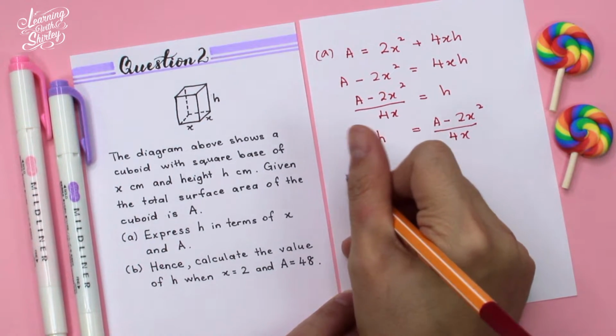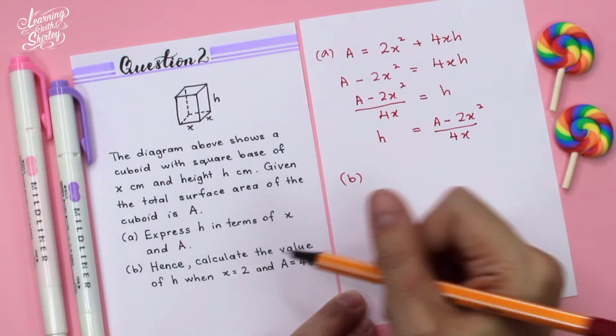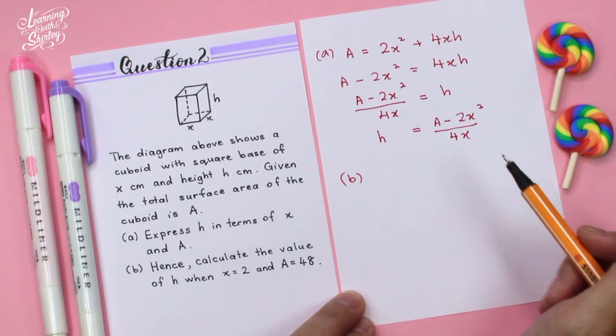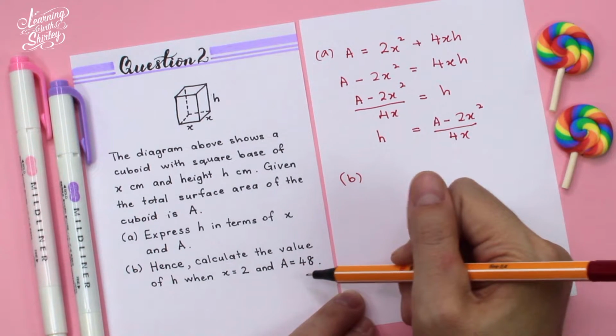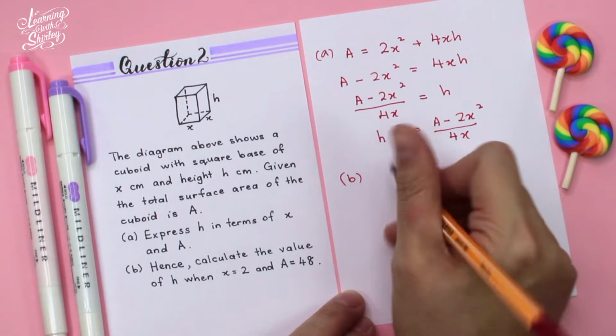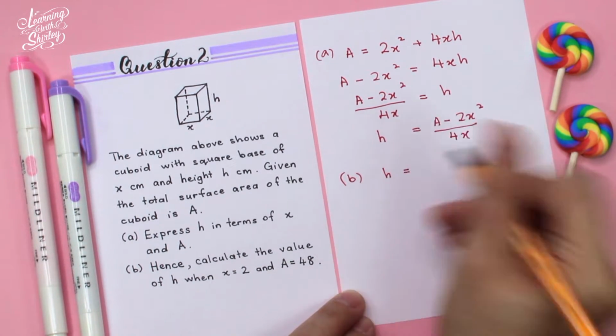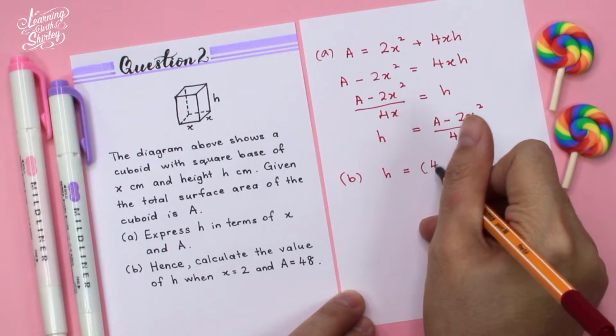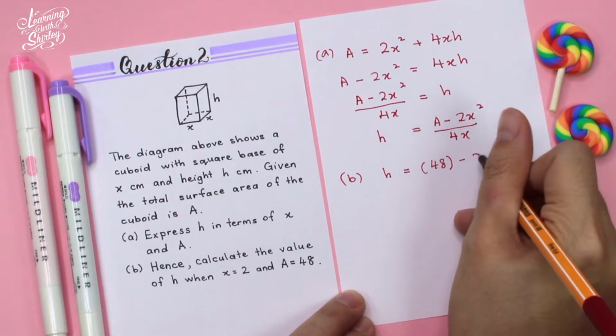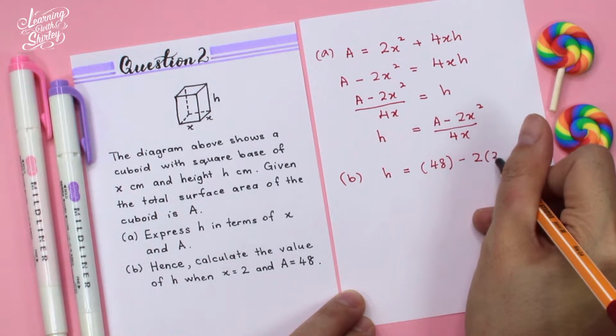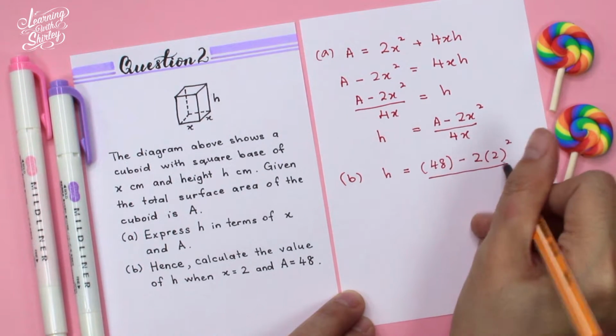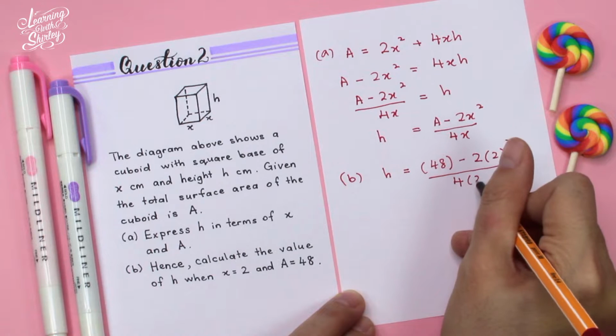And for B, calculate the value of h when x is 2 and A is 48. So we substitute these two values into this formula. So h is equal to, A is 48 minus 2 and x is 2, so 2 squared over 4 and x is 2.